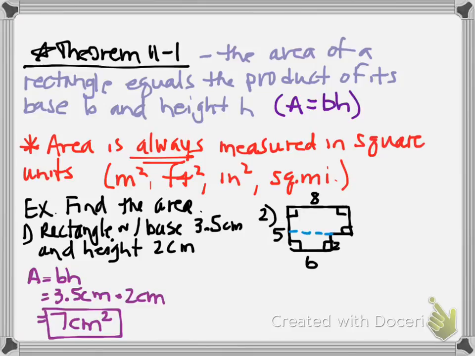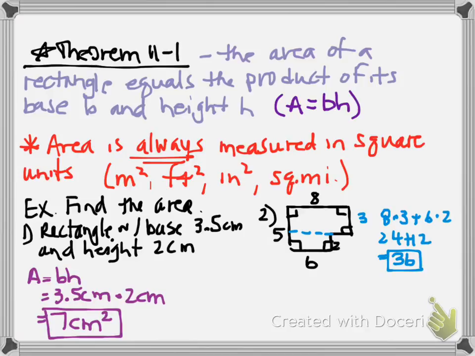Option 1 would be cut it this way. Look on your right side. I know one portion of it is 2. I know the whole length of that side is 5. So what would this piece be? This piece would be 3, right? 3 plus 2 is the same as 5. So at the top, I would have a rectangle that's an 8 by a 3. And at the bottom, I have a rectangle that is a 6 by a 2. So that would give me 24 plus 12, which equals 36.